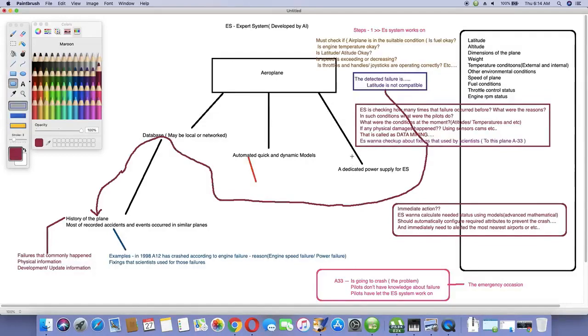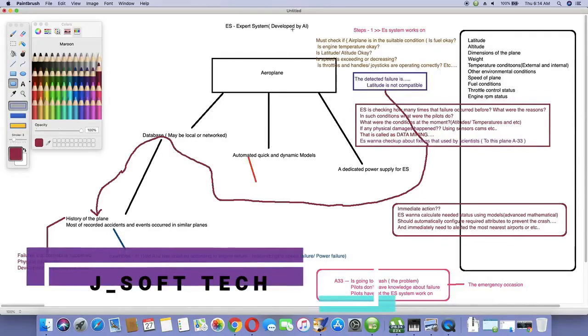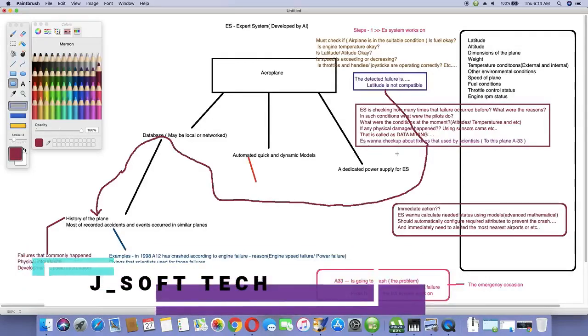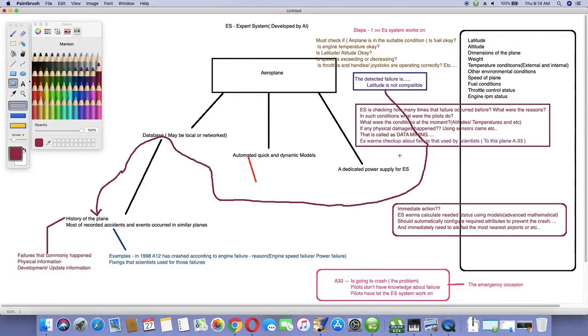So that is very advanced and complex, because the ES is developed as an AI system, and this is the basic idea. You have to get the logic and the prediction knowledge to understand that kind of ES system. That's a basic ES system, but it's an expert system.